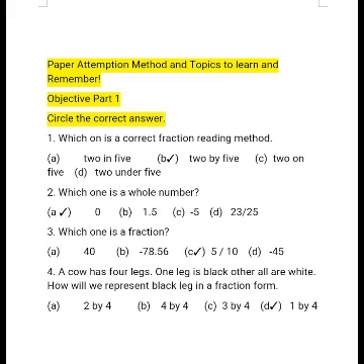Number 3. Which one is a fraction? A, 40, B, minus 78.56. Remember, after the point we read numbers separately, like minus 78.56. We read from our left hand and go to our right hand.